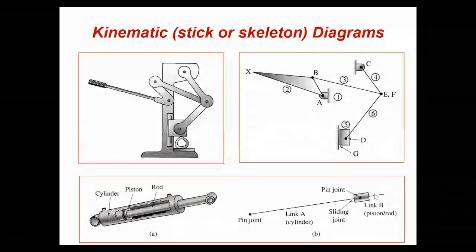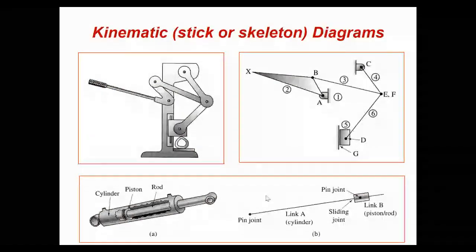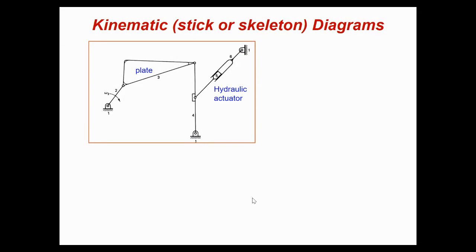Okay, so this is a prismatic joint moving on a joint that can rotate. This is usually how we model a hydraulic device that can rotate, as you see. Okay, again, a hydraulic actuator is modeled here.